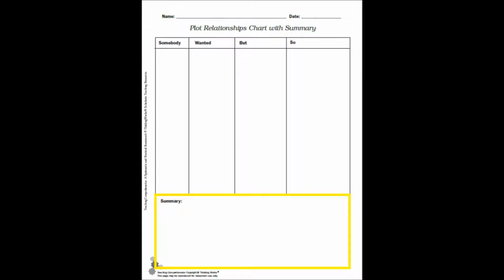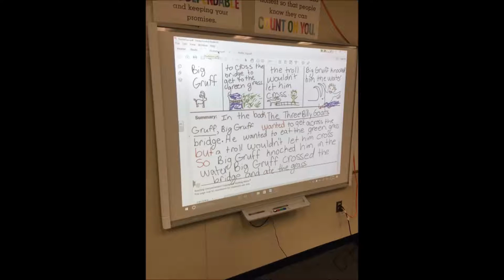After this discussion, I demonstrate using the previously completed columns from the above organizer. And then I use a think aloud technique when creating the summary. In the summary, I begin to write, in the book, The Three Billy Goats Gruff, Big Gruff wanted.